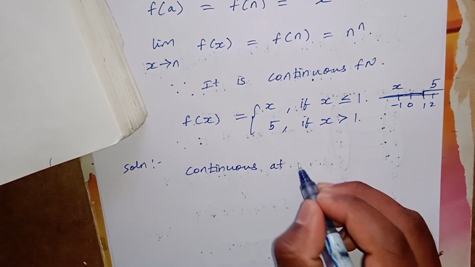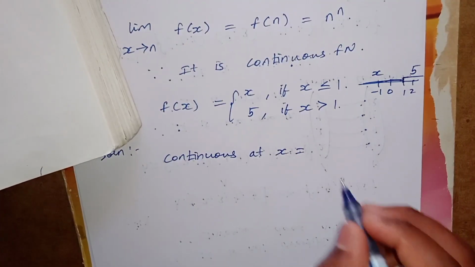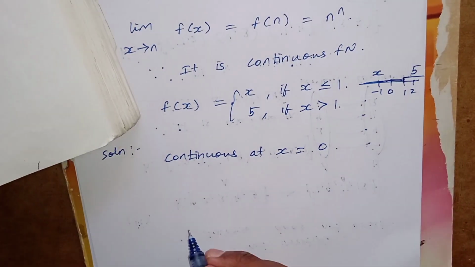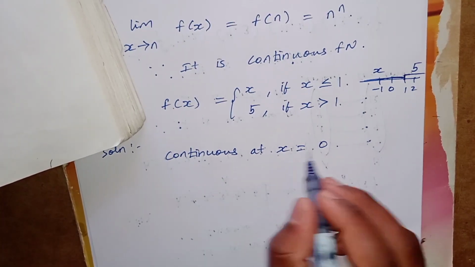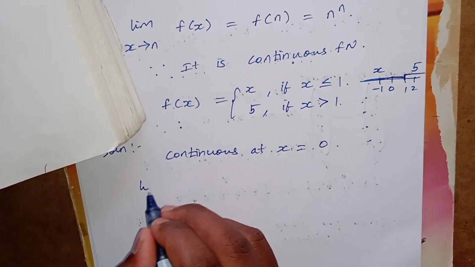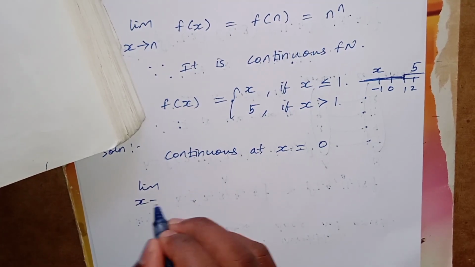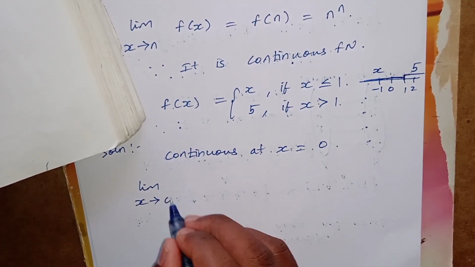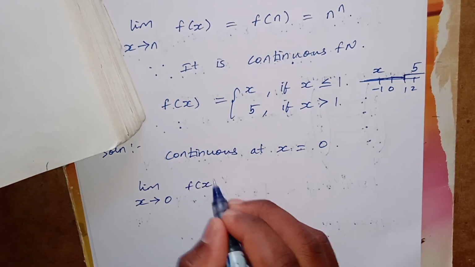or not at x is equal to 0. Okay, here the point is given, therefore you have to check in general form. Here limit x tends to 0, f of x.